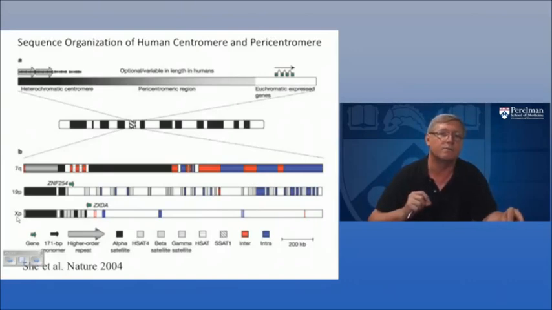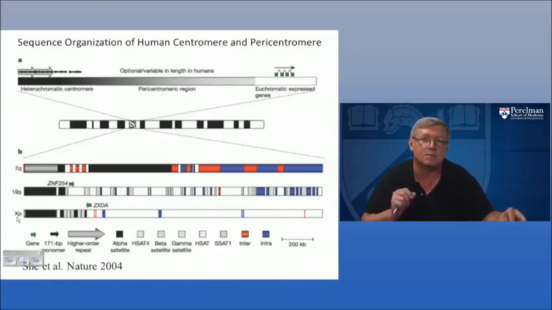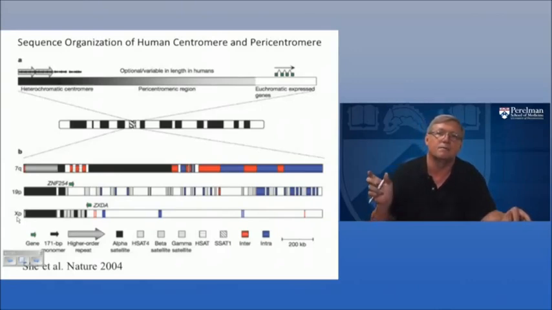As I mentioned before, there's heterochromatic centromeric DNA, and this forms the core of the centromere, and this region is typically absent in genome assemblies. Then you have the typical euchromatic sequences that have the usual distributions of all of the other gene encoding regions as well as the interspersed DNA.